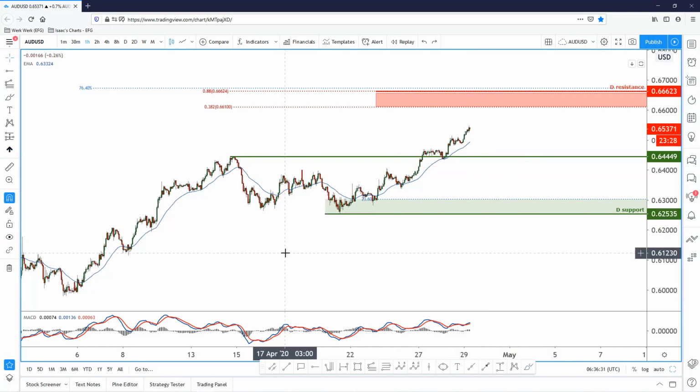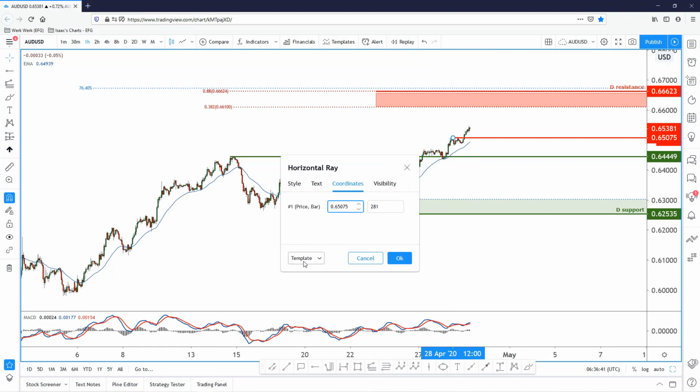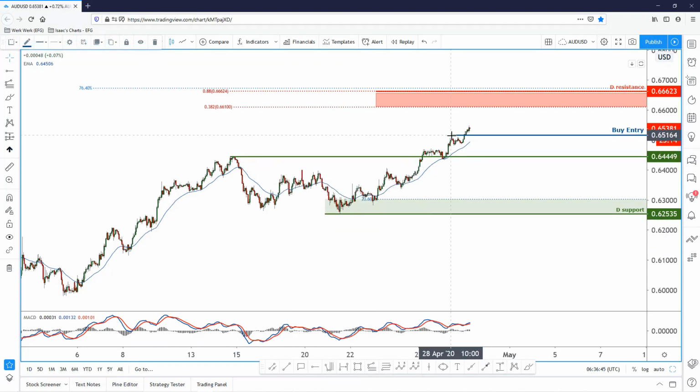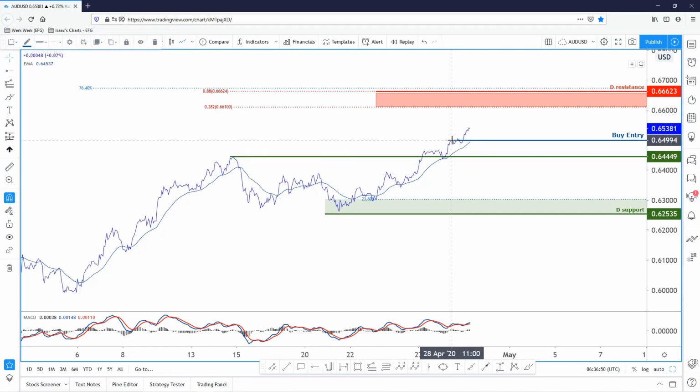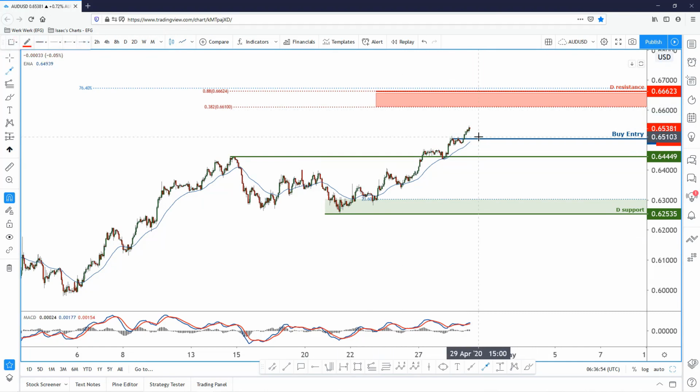Now, because we are actually pending a huge market moving news, what I'll actually do is wait for price to pull back to this graphical overlap level, which is in line with the moving average, right? This level here, especially if you change it to close, you can adjust this level really nicely. Okay, so I'll wait for price to come back down to this level and then I'll buy towards the daily resistance.